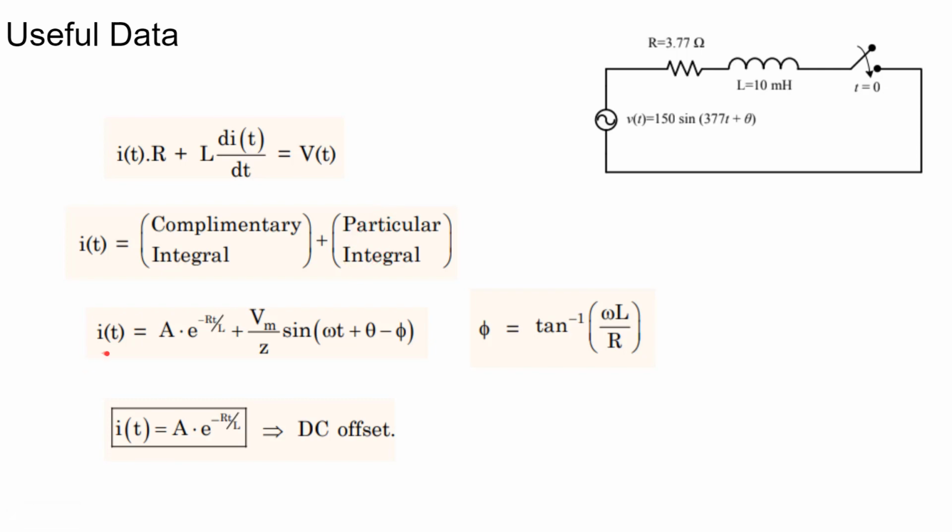And it is given by I of t is equal to A into e to the power of minus R by L into t plus Vm by Z sin omega t plus theta minus phi, where phi is the tan inverse of omega L by R. Here, as we have already said, the complementary integral denotes the transient part that gives the DC offset.